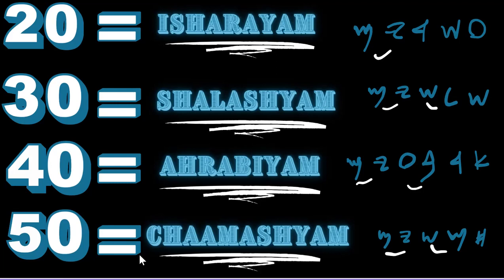To say 31, Achat Shalashim. For 41, Achat Arabayim. For 51, Achat Chamashim. And you will do that with the other numbers. You just basically add the singular numbers in front of Asharayim, Shalashim, Arabayim, if that makes sense.